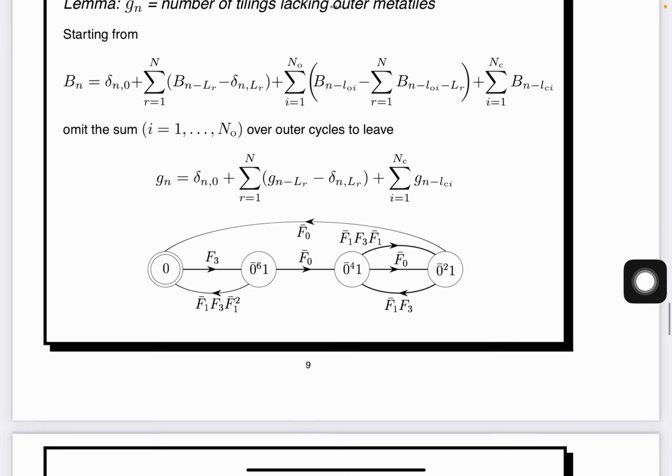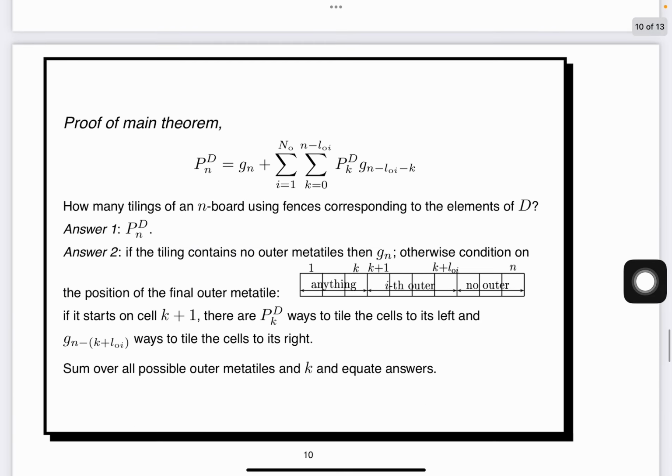Okay, so to get the rest of our main theorem, we use a combinatorial argument or tiling argument and ask how many tilings of an n board use fences corresponding to the elements of D, our allowed displacements. So by the bijection, the first answer is just PND. The second answer, what we do is we condition on the final outer metatile.